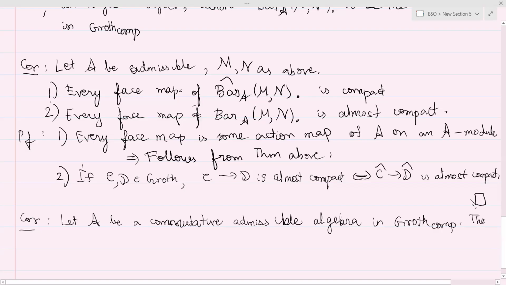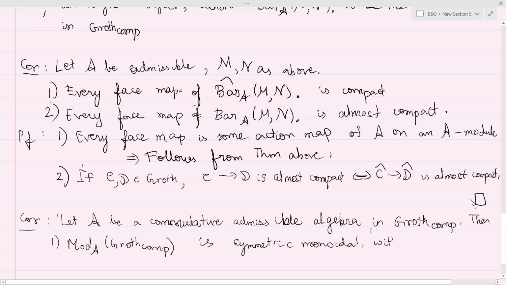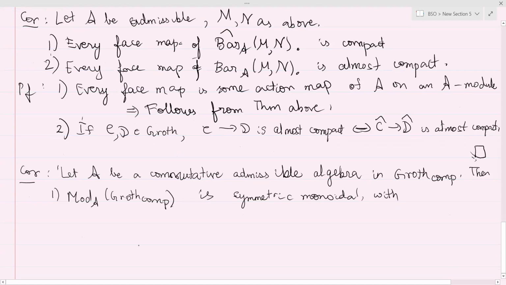Then the first assertion is that this category is symmetric monoidal with this relative tensor product, which is what I'll be using from now.